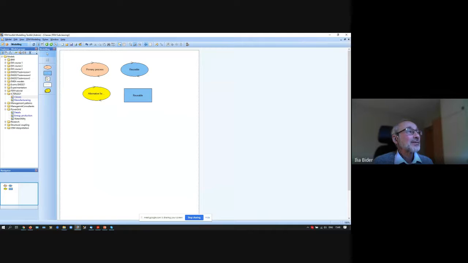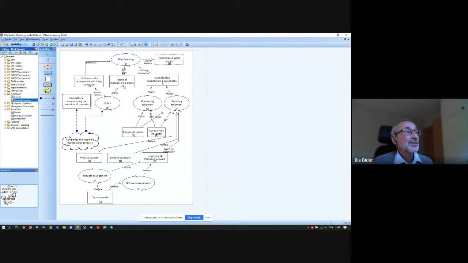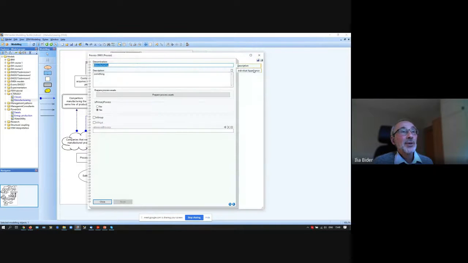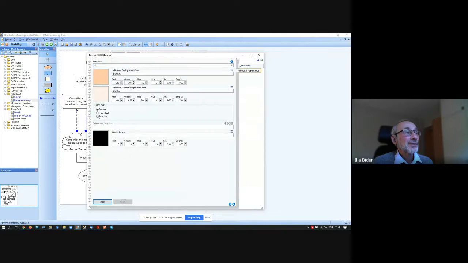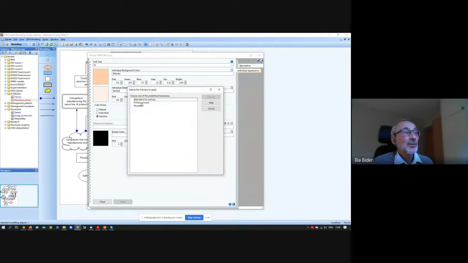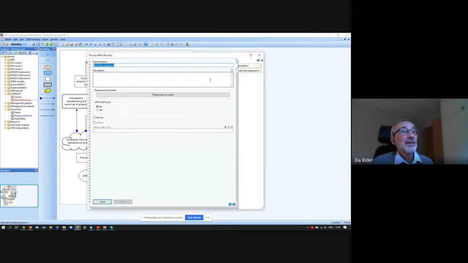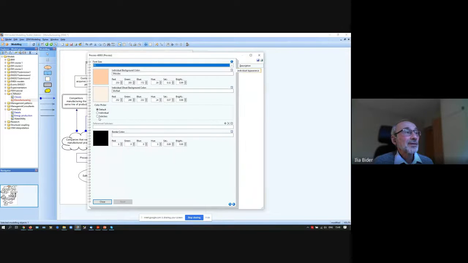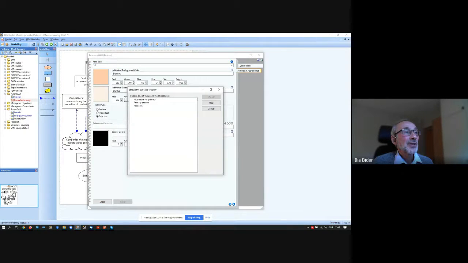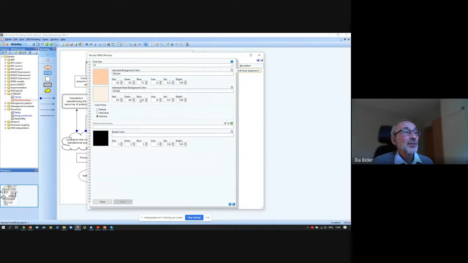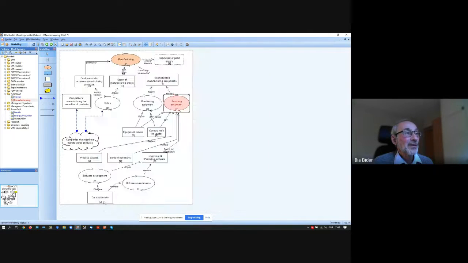I save this form and I go back to manufacturing and say, okay, this one is primary process currently. So we have it. This one can be alternative for primary, and we will get another color.